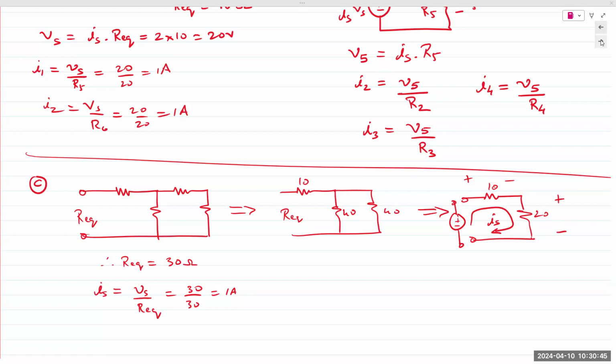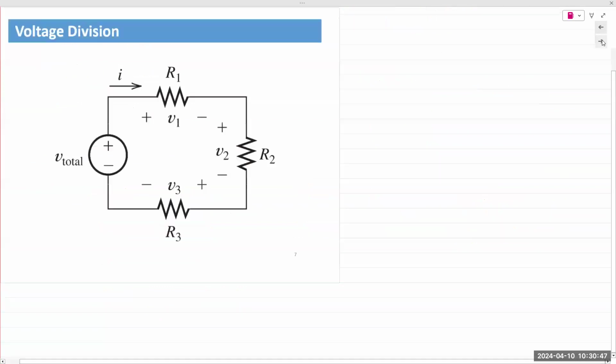So, two more topics to look into: voltage division and current division. These are not new analysis techniques. These are shortcuts, derived from Ohm's law. When you apply a voltage, and this example uses a source, but it doesn't have to be a source.